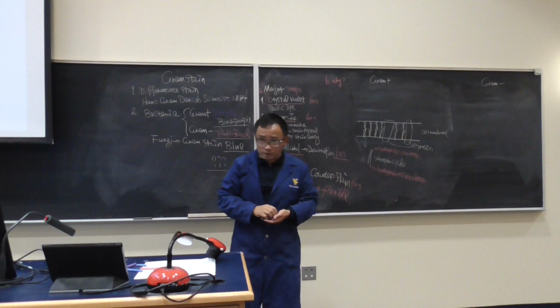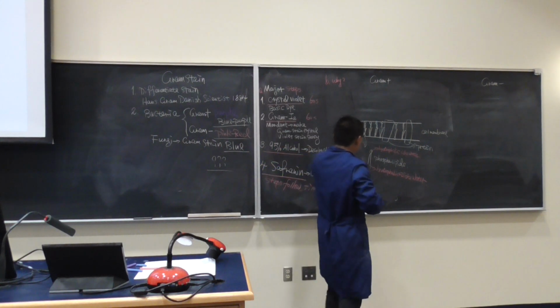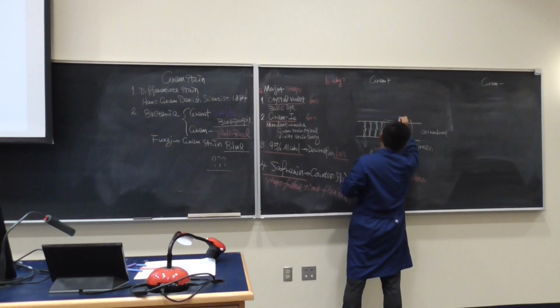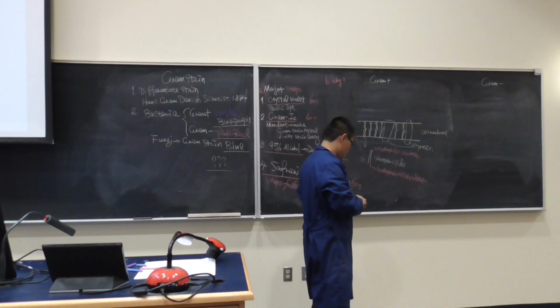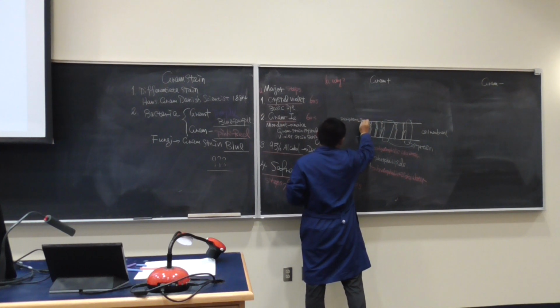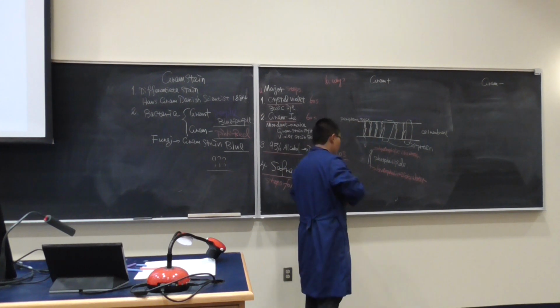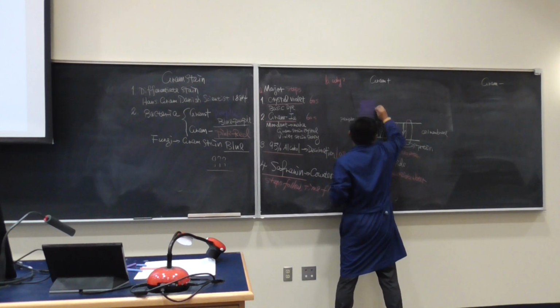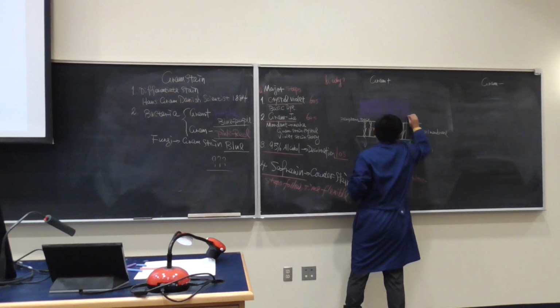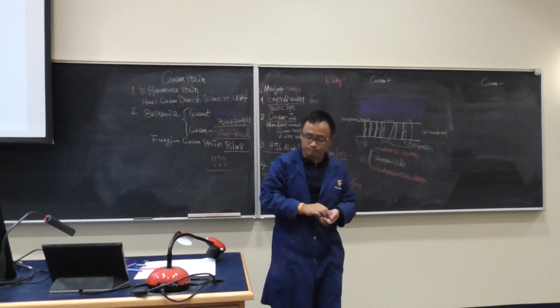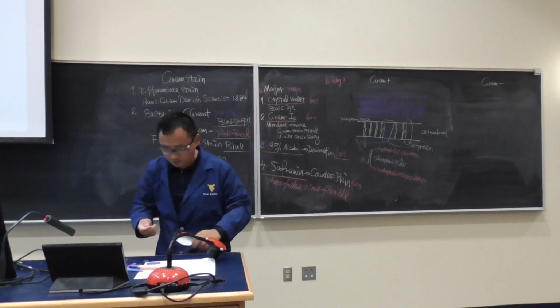For the gram-positive bacteria, above the cell membrane, there is a little bit of space right here. This space is the periplasmic space, and you have a big chunk all the way on the top. What is the name of this big chunk of the purple color you cannot see?